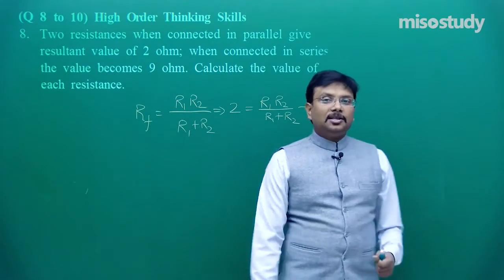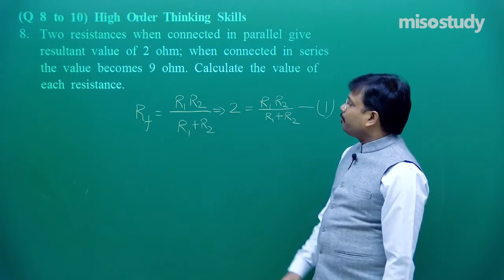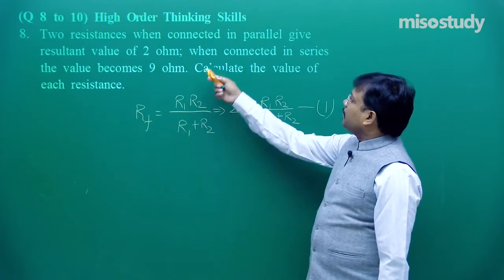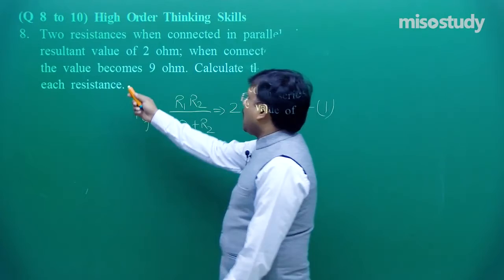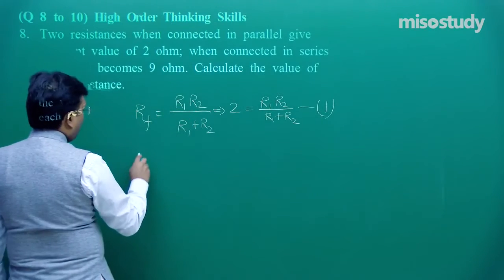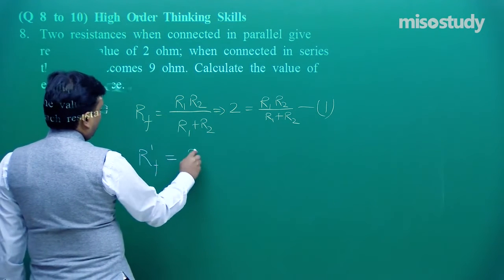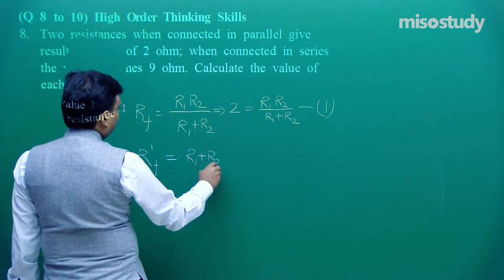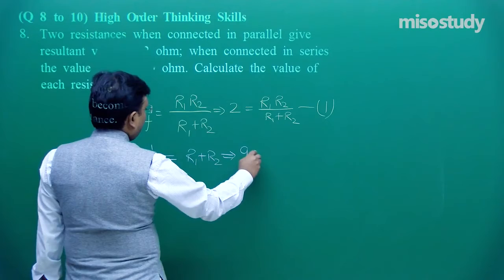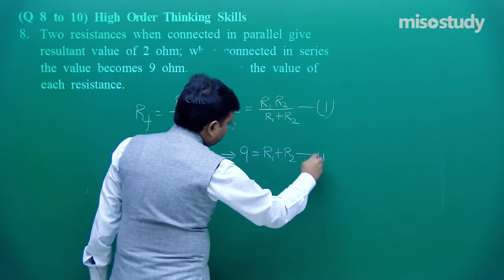When I connect these two resistances in parallel, I get the resultant as 2 ohm. When I connect them in series, the value becomes 9 ohms. So, R final prime is R1 plus R2, which gives me 9 is equal to R1 plus R2.